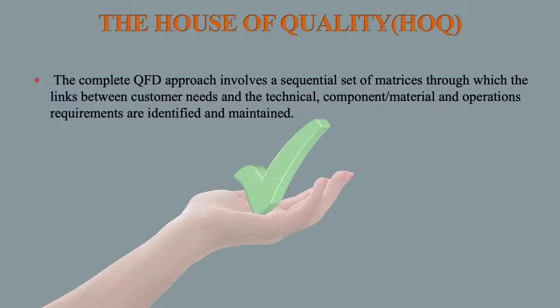The House of Quality. The complete QFD approach involves a sequential set of matrices through which the links between customer needs and the technical component, material and operation requirements are identified and maintained.